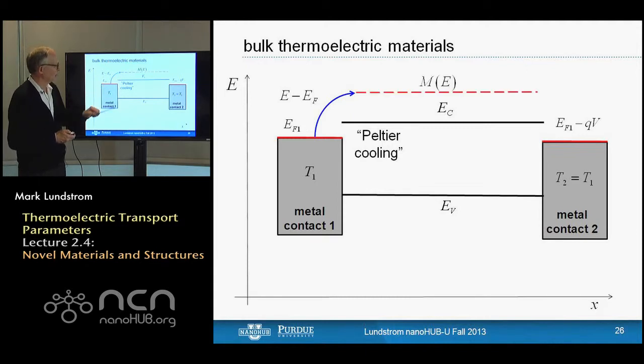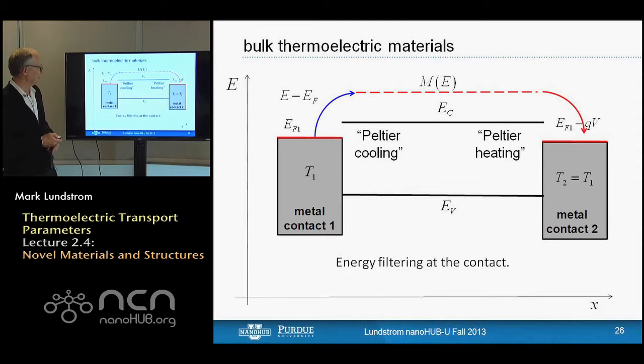The electrons flow across in the channel, and then they dump their excess energy in the second contact. That's Peltier heating. So in this traditional device, the energy filtering occurs at the contacts. Now, that would lead you to believe that there's no difference between these two devices. There's no reason to prefer one versus the other in particular.